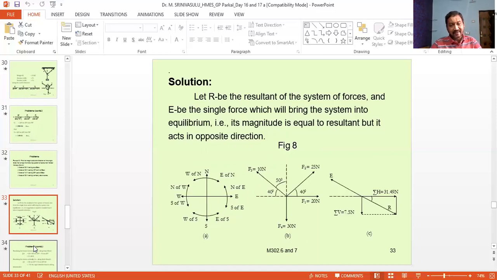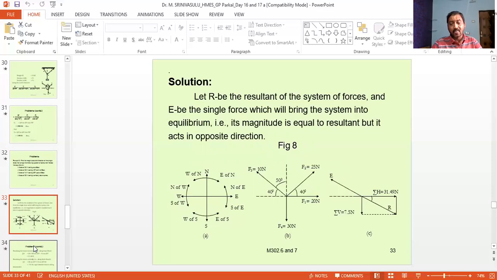In that case there is no need to give the angle. Northeast means we can say 45 degrees, either from the north or from the east. So like that you have to go ahead in the other problems.